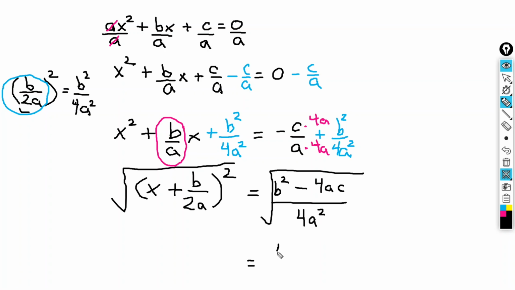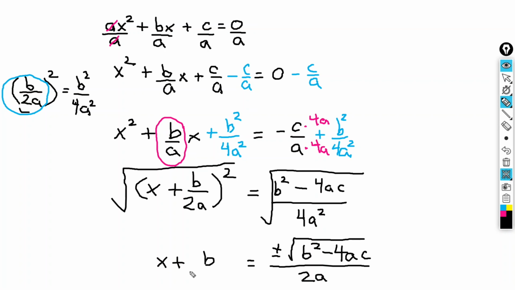So this simplifies to plus or minus the square root of b squared minus 4ac all over 2a. On this side, taking the square root of something squared just gets rid of that squared. So we have x plus b over 2a.